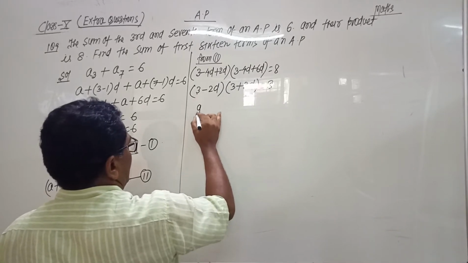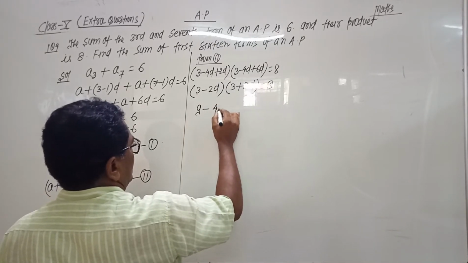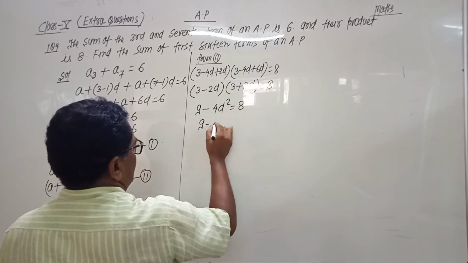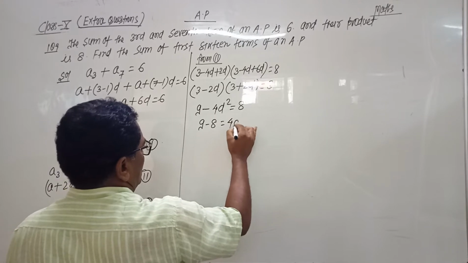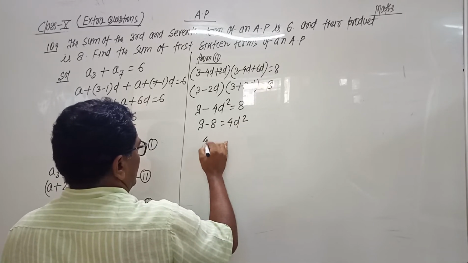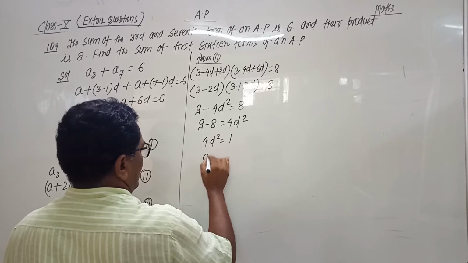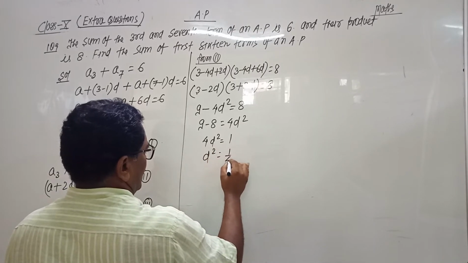3 square is 9 minus (2d) square, 4d square, equals 8. And 9 minus 8 equals 4d square, so 4d square equals 1 and d square equals 1 by 4.